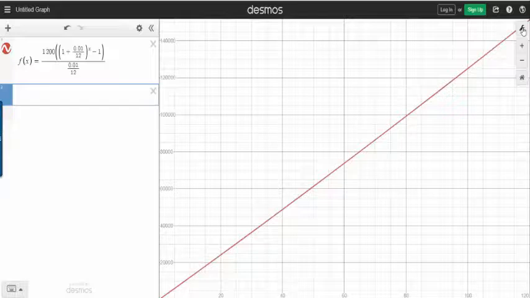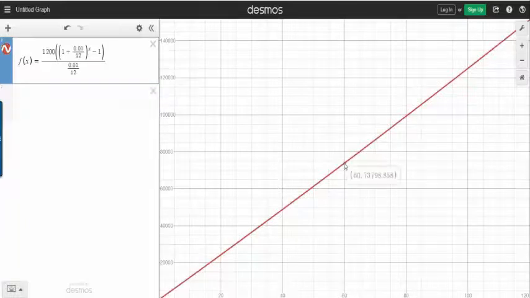Our question asked us about 5 years, but we're not tracking in years, we're tracking in months. So 60 months would represent 5 years. So going up on 60 months until I click on the dot on the line, there you go. That is how we represent 60 months. That is $73,798.86 because you had to round.